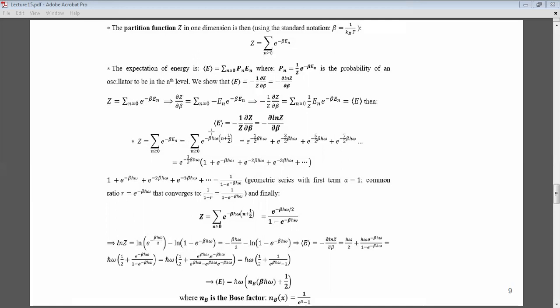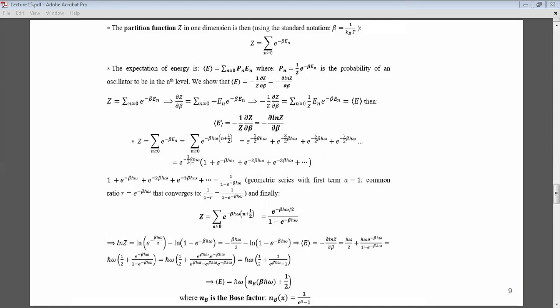Remember that En is h bar omega (n plus half). If n is 0, this is e to the minus half beta h bar omega. If n is 1, this is e to the minus 3 over 2 beta h bar omega. If n is 2, this is e to the minus 5 over 2, etc.